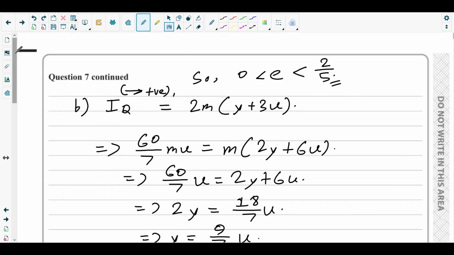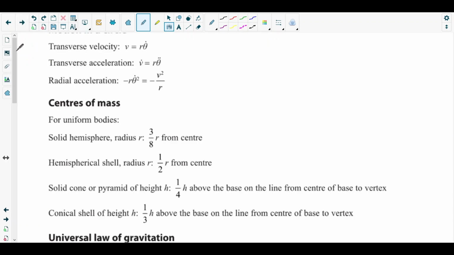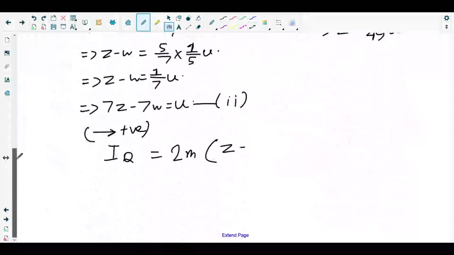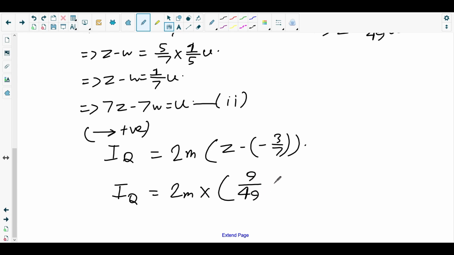It was in the negative direction, negative 3/7 u. So negative negative 3/7 becomes positive. The impulse received by Q is 2m times 9/49 u plus 3/7 u.